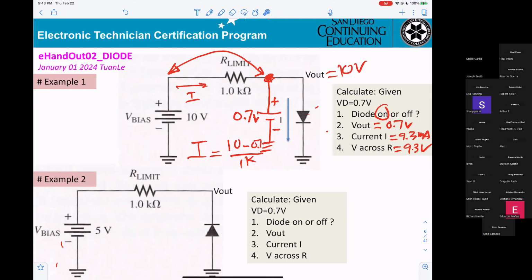Then you can calculate VR, I times R. I will be 9.3 times 1K. That's what you get, 9.3 volt. Either way.